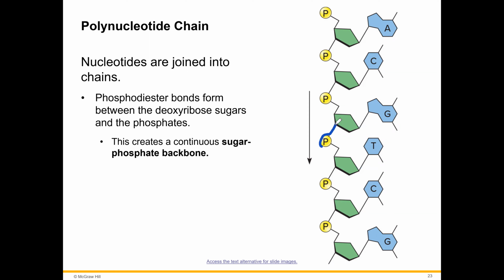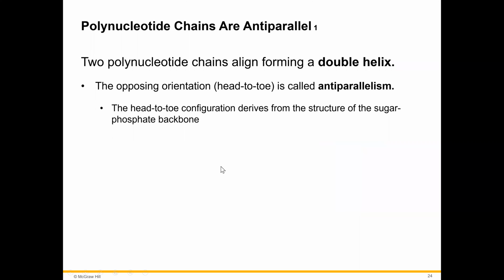A sugar also has a phosphate group, right? And we have this connection between the phosphate of one nucleotide and the sugar of another through a phosphodiester bond. So here's a nucleotide; it has phosphate, sugar, and base. And we form the sugar, phosphate, sugar, phosphate, sugar, phosphate backbone of the DNA molecule.